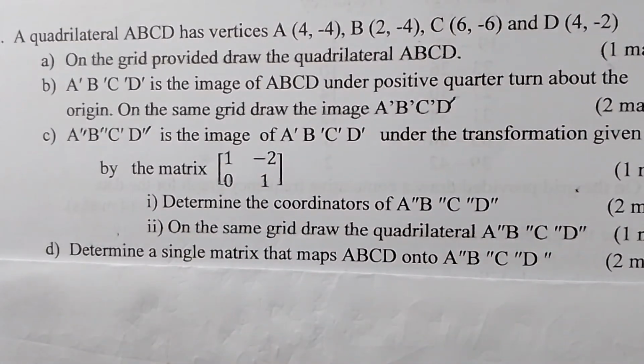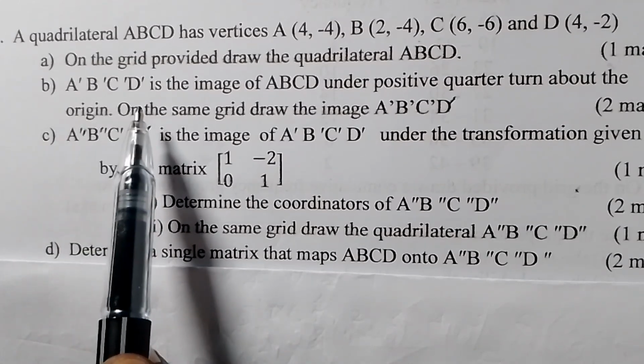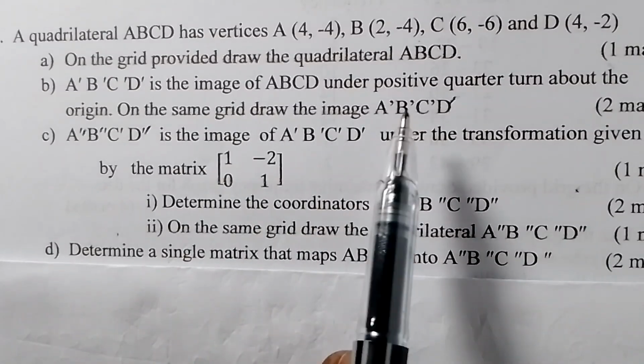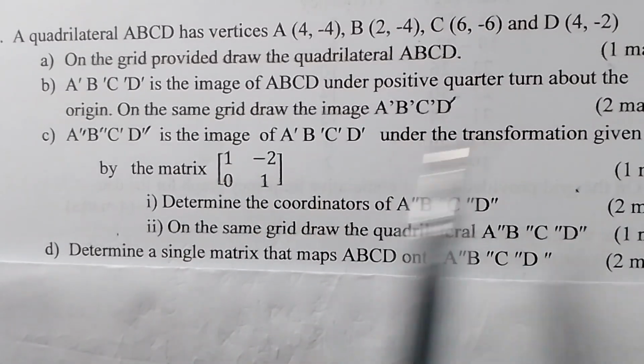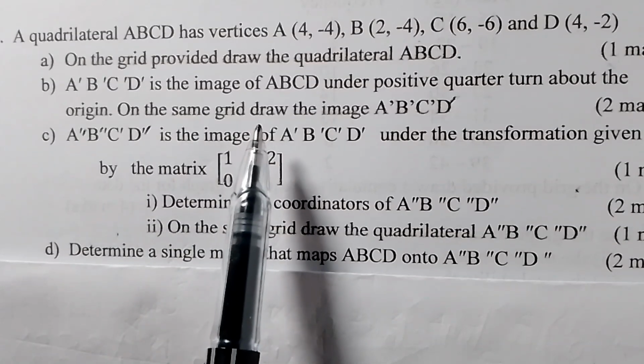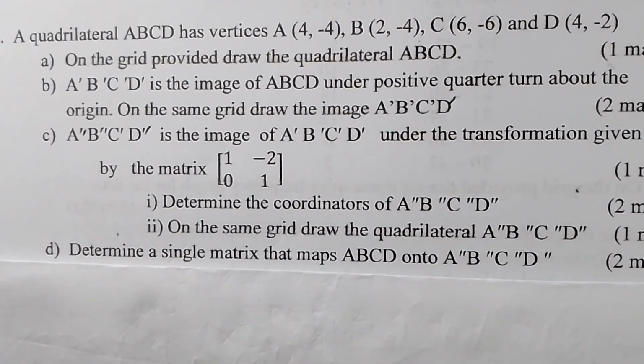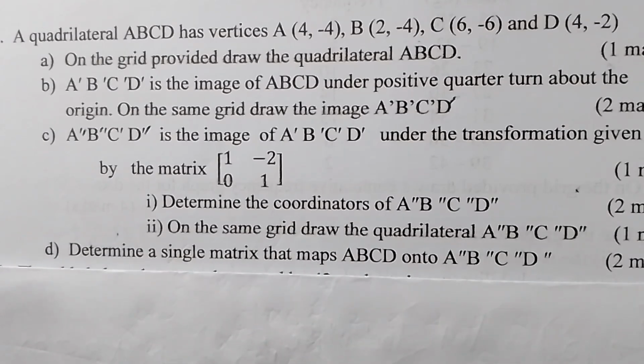In part b, we are told to find the image A1, B1, C1, D1 of ABCD under a positive quarter turn about the origin. On the same grid, draw the image A1, B1, C1, D1. Now, that one can be done in two ways.